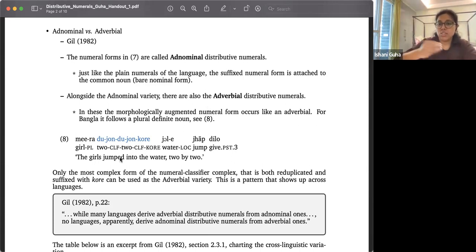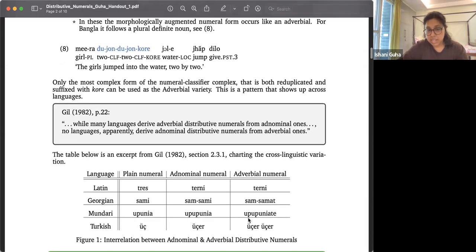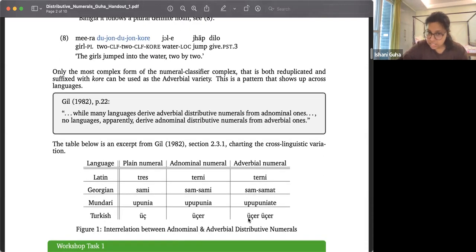So all I am trying to point out here, or rather what Gil was trying to capture typologically, is that since there is this morphological interrelationship between these two sets of numerals, which have slightly different meanings, they clearly show a morphological interrelationship.